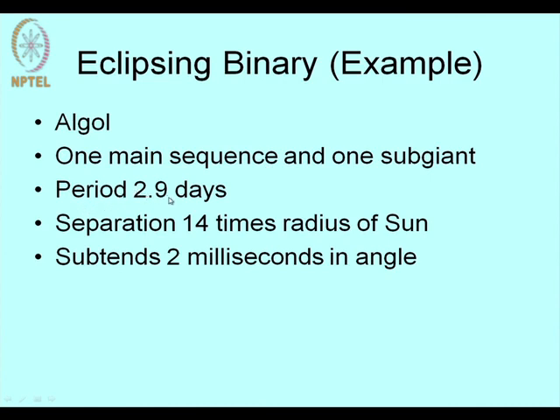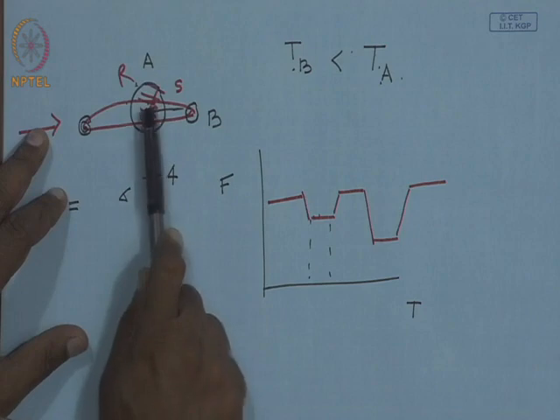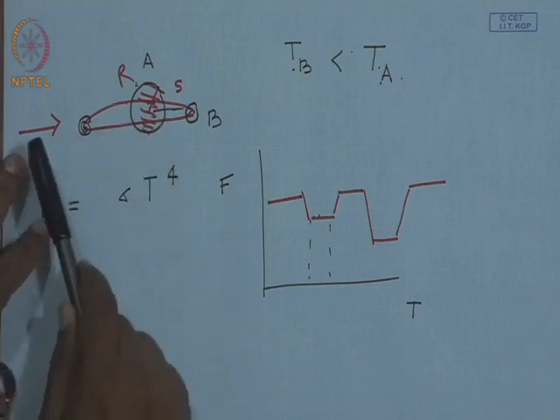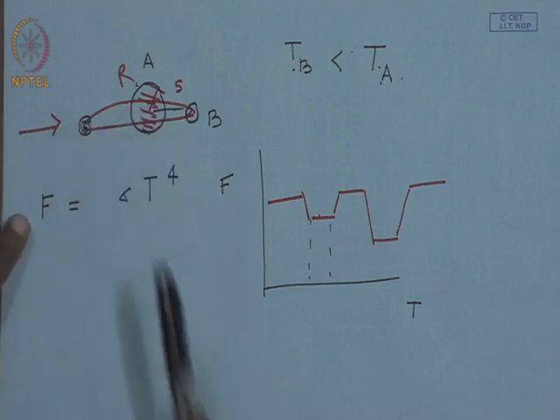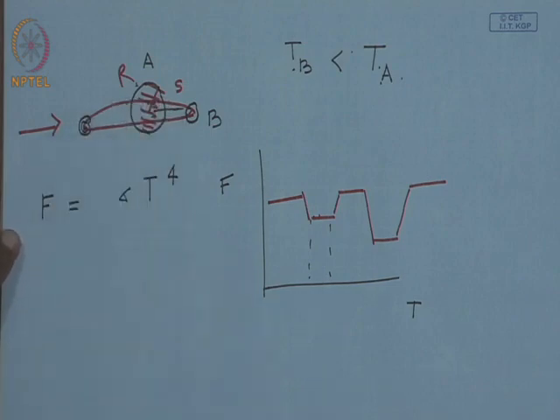Well, the period will typically be small in an eclipsing binary, because we have seen that the distance between the two stars should be comparable to the radius of the star. The probability of an eclipsing binary goes up in this situation. So, typically the eclipsing binaries will have a very small orbit, the semi major axis of the orbit will be small.